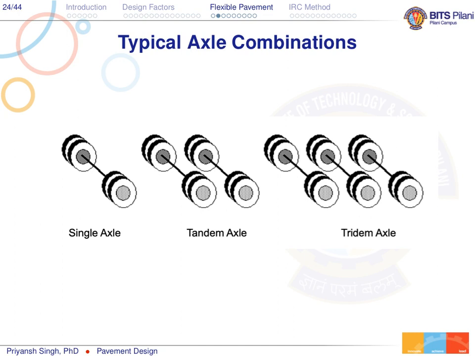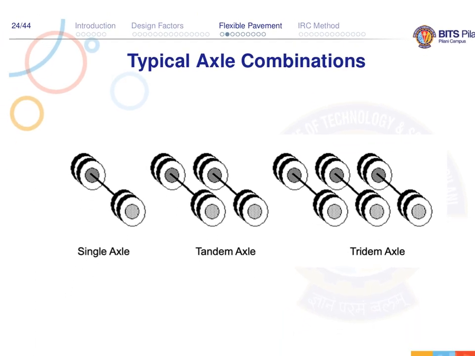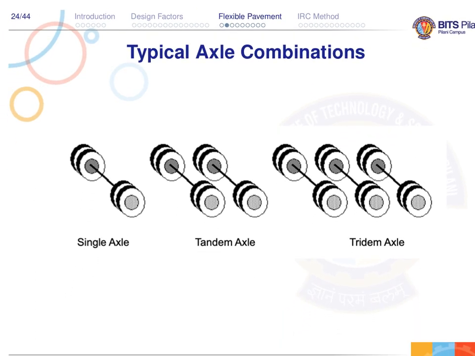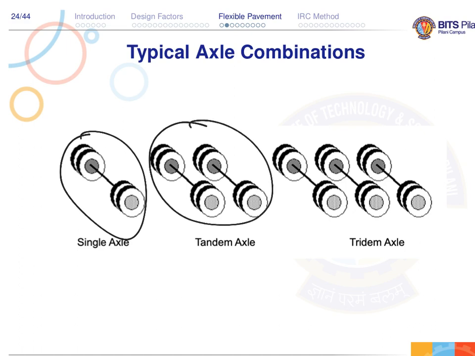So mostly on roads you have seen trucks which have a single axle, some trucks which have tandem axles, some trucks which have tridem axles. Here these axles refer to the rear axles of the truck, not the steering axles.